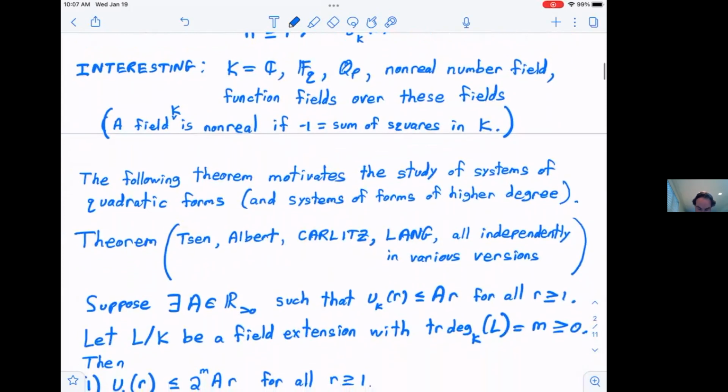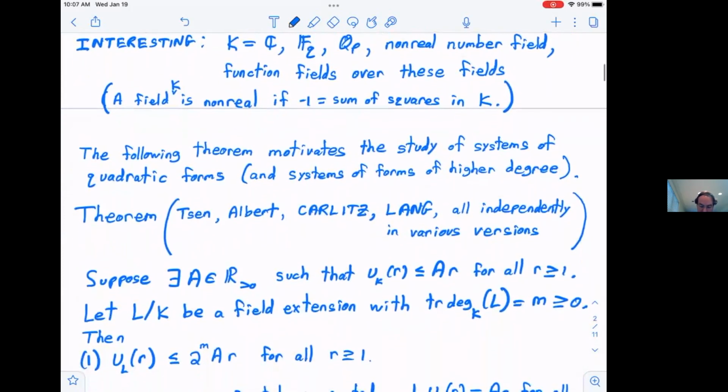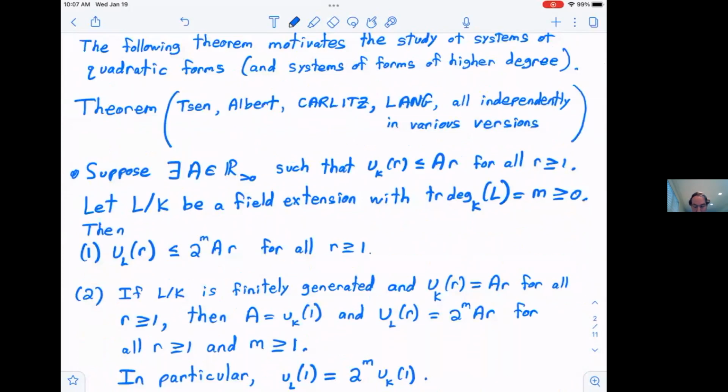Suppose there exists a positive real number A such that U sub k of R is less than or equal to AR for all R greater than or equal to 1. In other words, U sub k of R is bounded by a linear function of R. Suppose that. Let L over K be a field extension with transcendence degree M greater than or equal to 0.